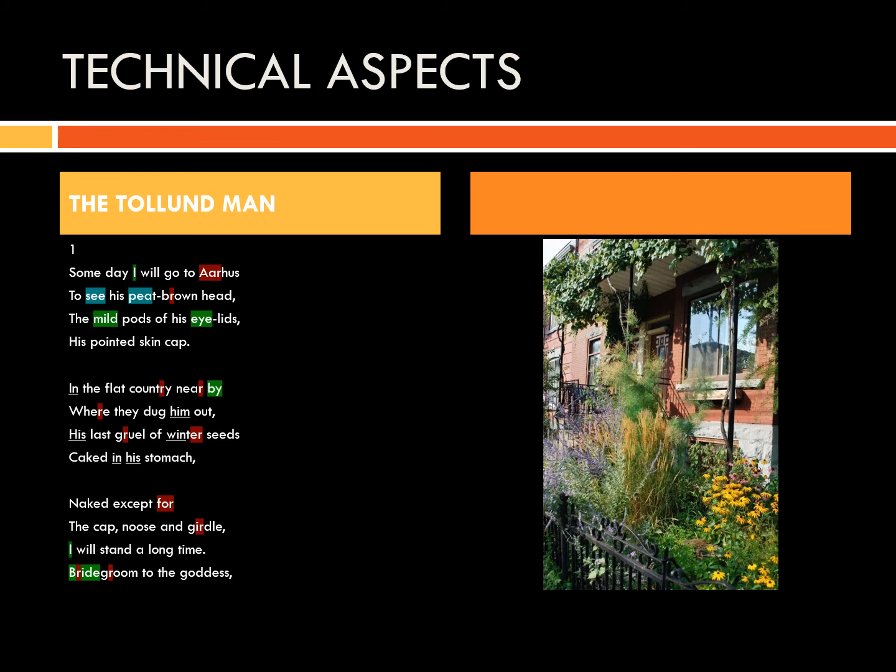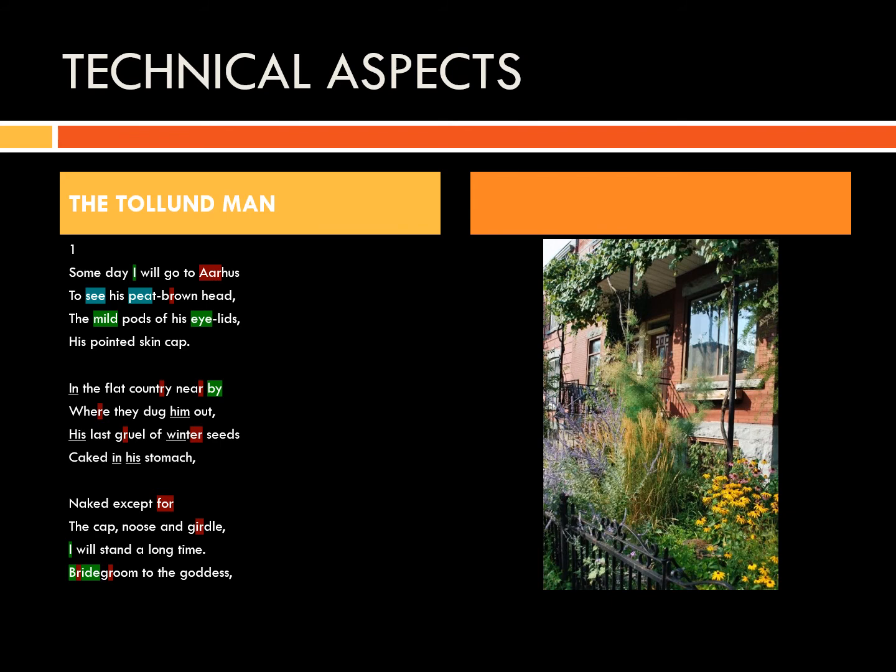To look at technical aspects, I've highlighted similar sounds here in this section with similar colors. His lines are really short, so there is also a lot of internal rhyme that I look at, I think on the following slide, and I underline it, I believe.